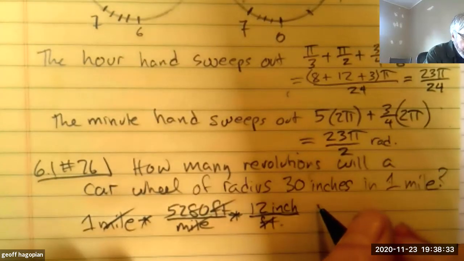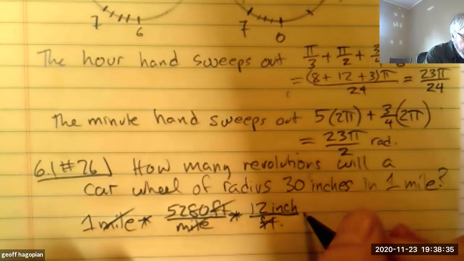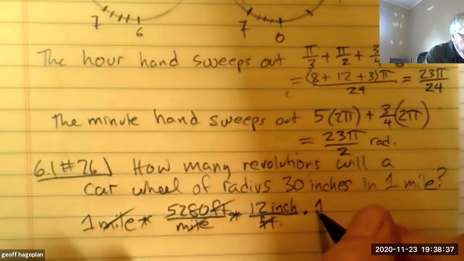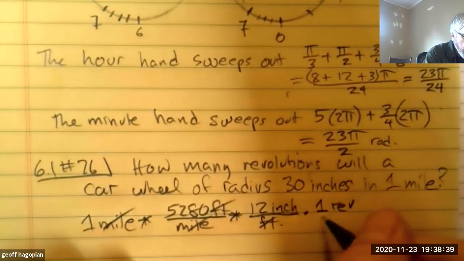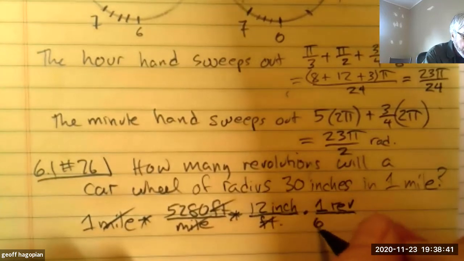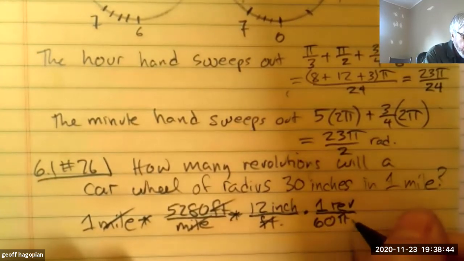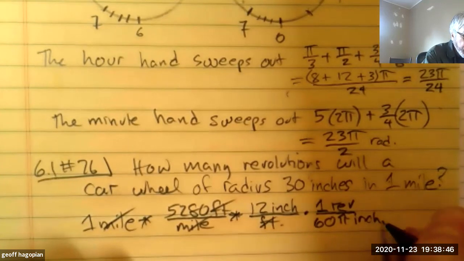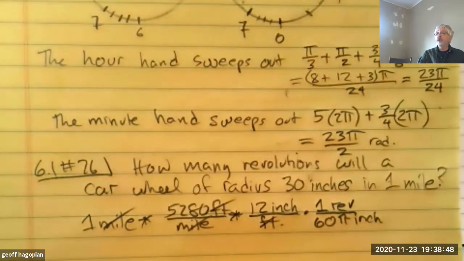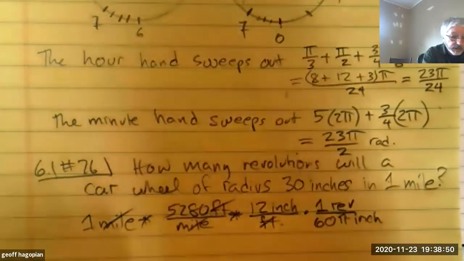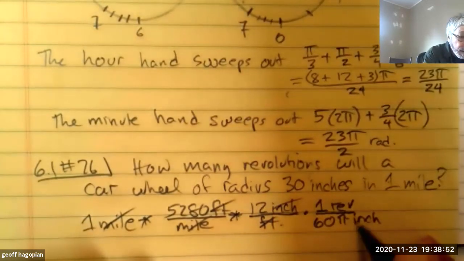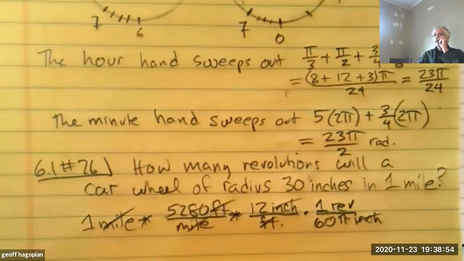So 60 pi inches per 1 revolution. So I'm going to say 1 revolution per 60 pi inches. And notice that I don't have to wonder about whether to put inches in the numerator or the denominator, because I know I want them to cancel. And then we have revolutions.